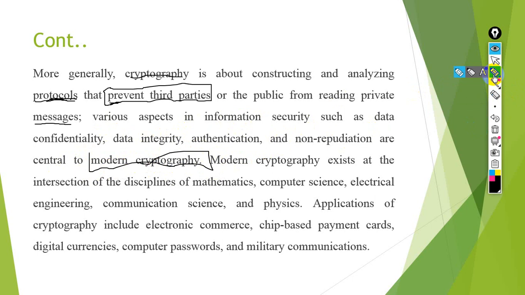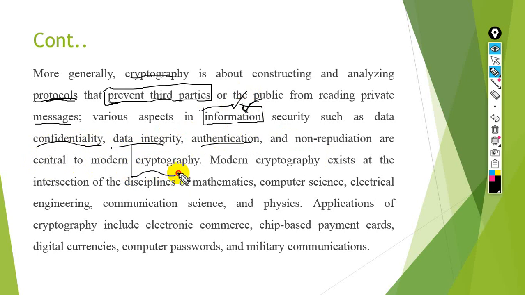When we have data, when we have information, if we want to make it secure, in modern cryptography we can also secure our information. In previous cryptography we used it only to hide or make our communication secret, but in modern cryptography we can also secure our information, like data confidentiality, data integrity, authentication, and non-repudiation, which are central to modern cryptography.